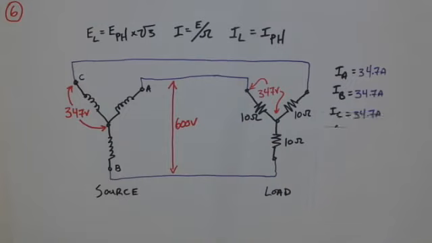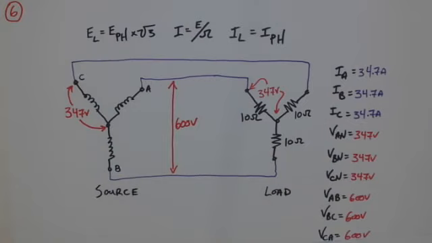So the current value we get is 34.7 amps on each of the line conductors, 347 volt phase value for each of the phases, and 600 for each of the line connected conductors.